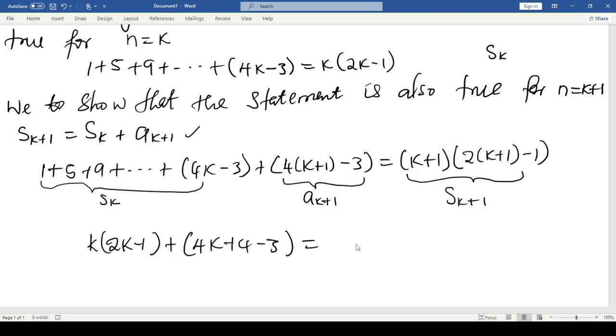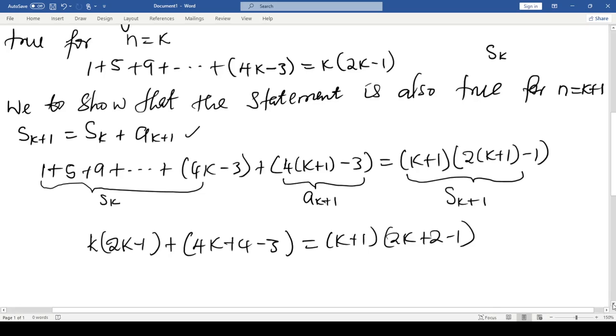We can just also expand what we have there. So we have our k plus 1, then that's 2k plus 2 minus 1 like this here. Okay, so now let's go ahead and prove this statement there.